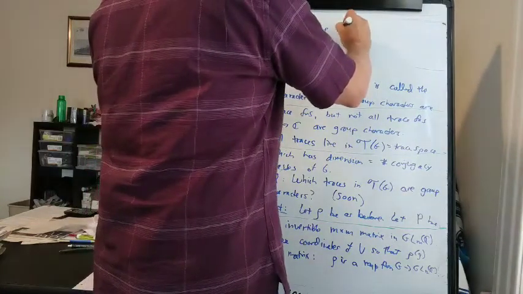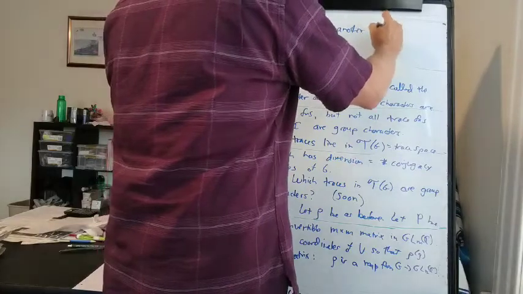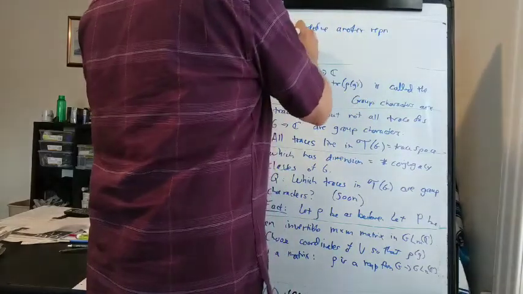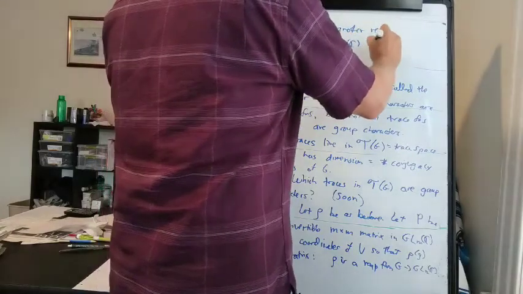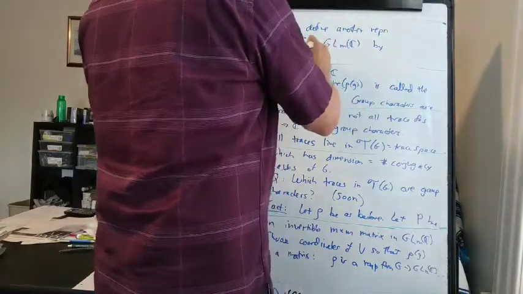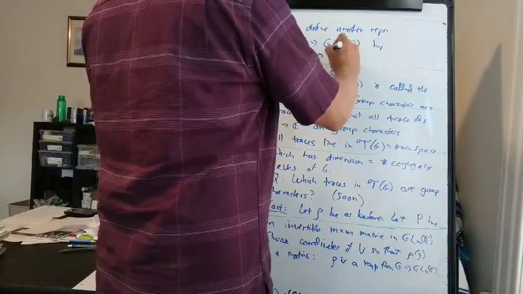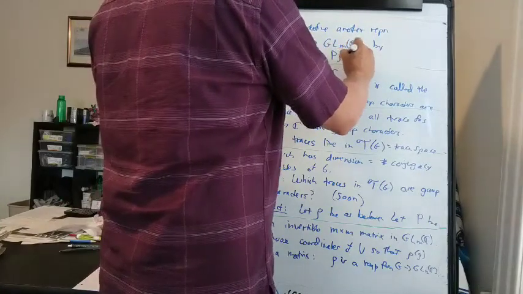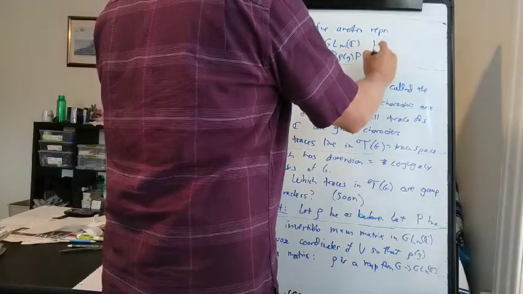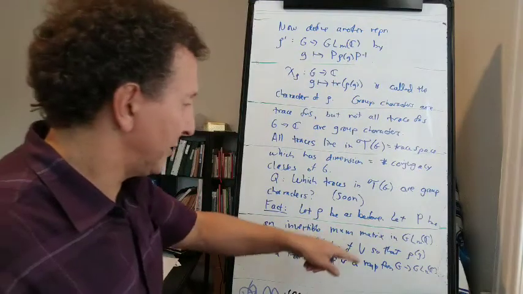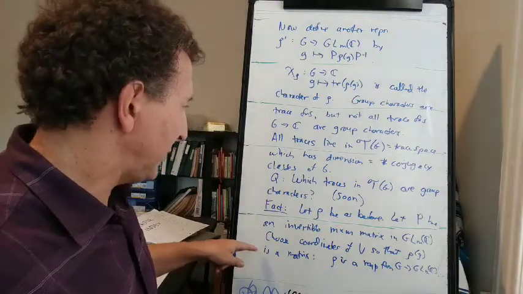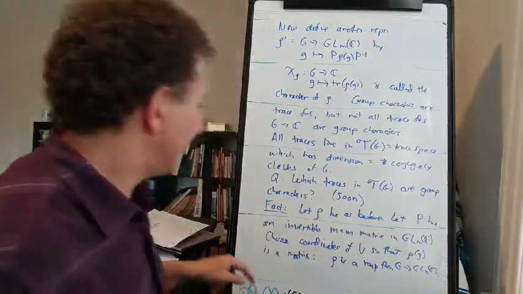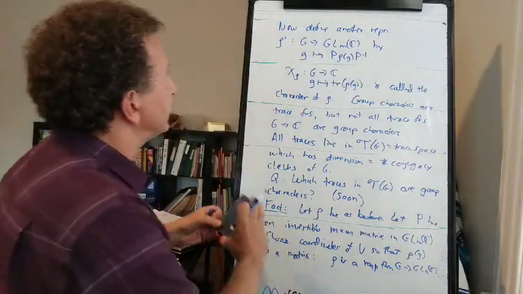Now let's define another representation. Rho prime from G to GL_m(C) by sending each element little g to P rho of g P inverse. So we're just going to take the definition of rho and conjugate by this fixed matrix P. So P is an invertible m by m matrix.